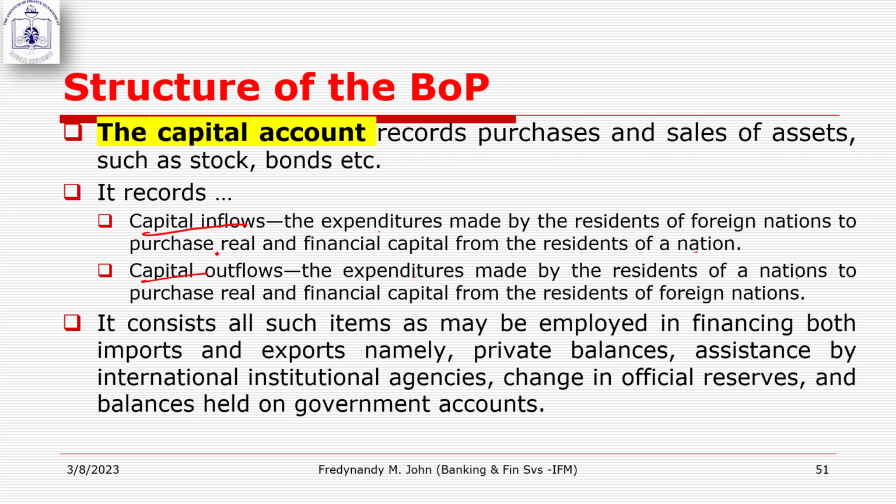But if it's the foreigners, individuals from different countries buying some stuff from our country, it means we have funds inflow. Okay, so funds inflow is positive while fund outflow is negative. All right.